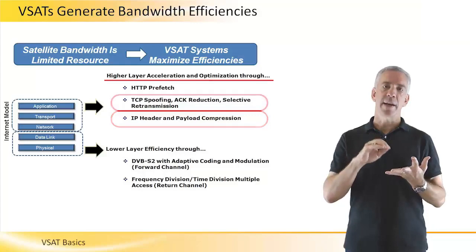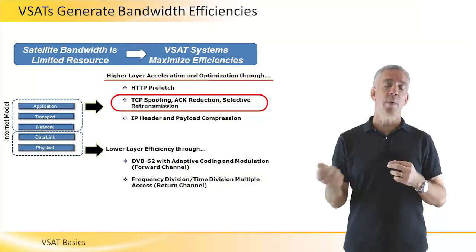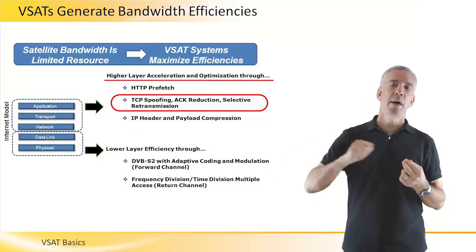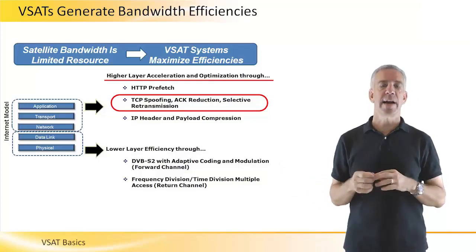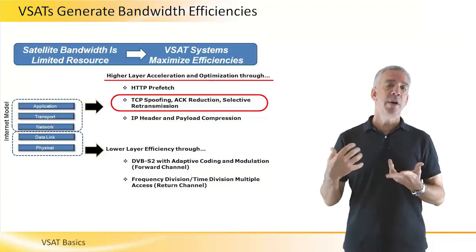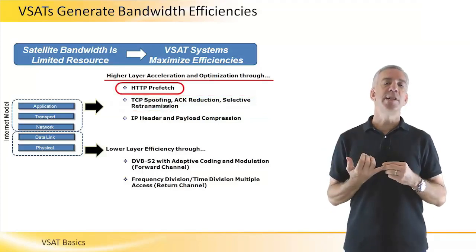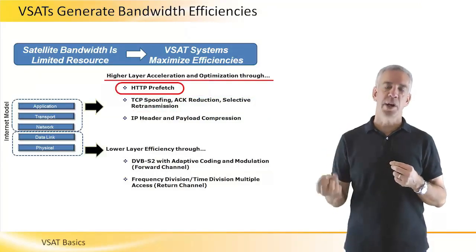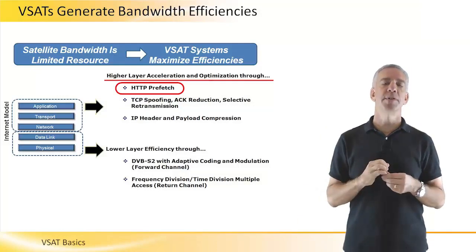There's things like TCP spoofing, where we don't run the TCP protocol all the way across the satellite. That helps us save bandwidth. And then in addition, we can do things like HTTP object prefetch and push objects over the satellite.